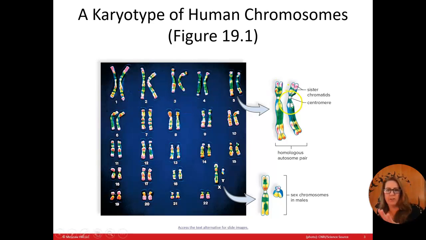Now, I want you to look over here on the right-hand side for a moment. When our DNA condenses and wraps itself around proteins, it's essentially going to be a single strand. Now, I know that DNA is double-stranded, so when I'm talking about single strand, it's a single, double-stranded DNA.